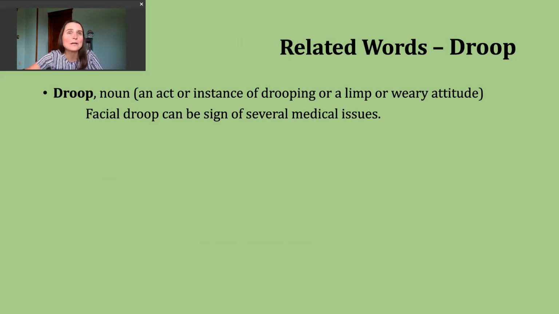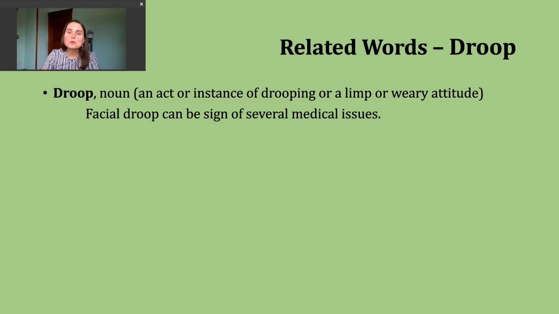That's what weary or tired has a similar meaning there. An example of this might be: facial droop can be a sign of several medical issues. I just mentioned this a couple minutes ago, that if suddenly someone's face, right, kind of looks like it's falling downward, or using our verb here, drooping, right, that can be a sign.